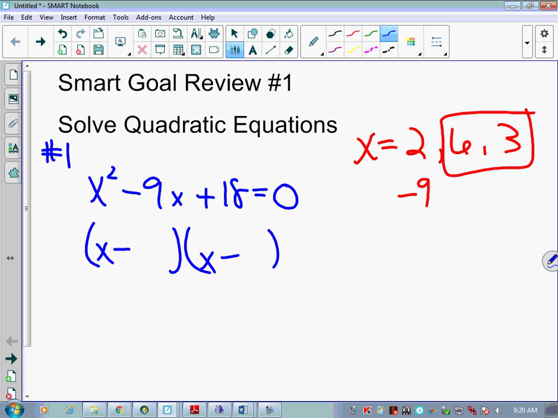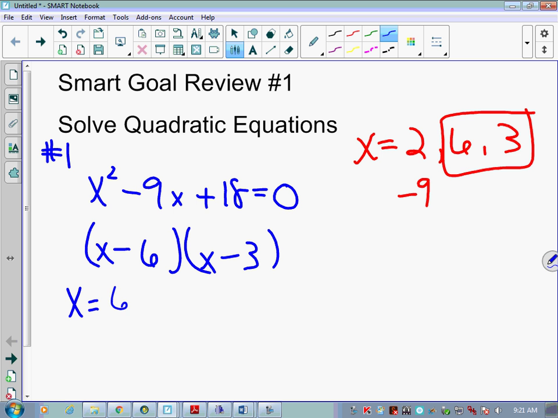What things multiply to be 18? 9 and 2, okay? Will negative 9 plus negative 2 equal negative 9? No, that would be negative 11. 6 and 3? Will negative 6 plus negative 3 equal negative 9? Yes? Okay. So I got x minus 6, x minus 3. What are my solutions given x minus 6 and x minus 3?